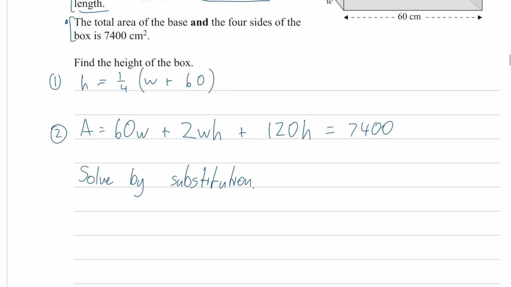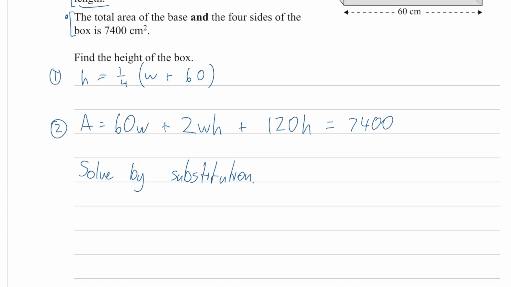And that's where we take one of the equations. So I'll take this one up here, equation 1. And whenever I see an h in the second equation, I will be replacing it with this. Right, because h is equal to 1/4 times w plus 60.